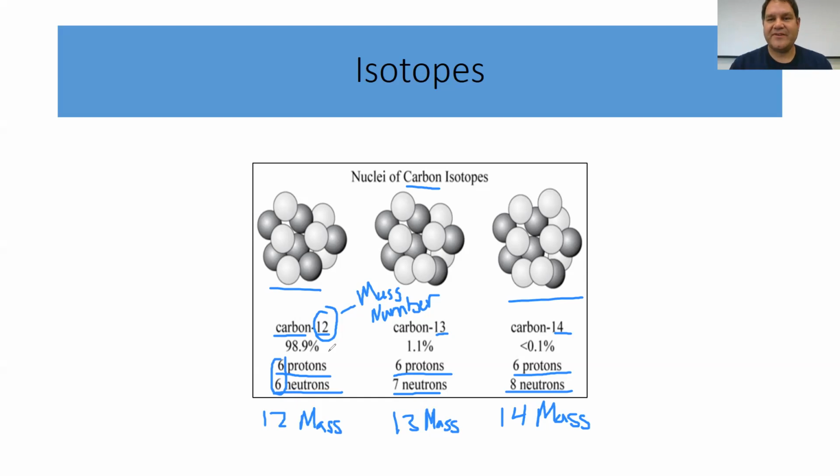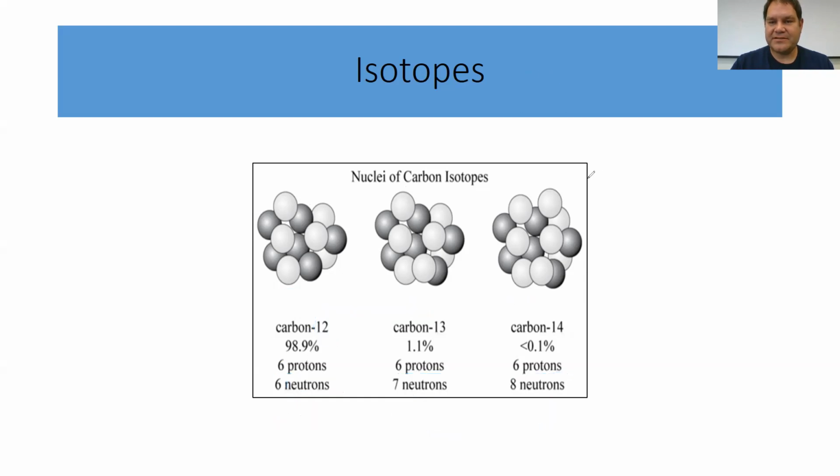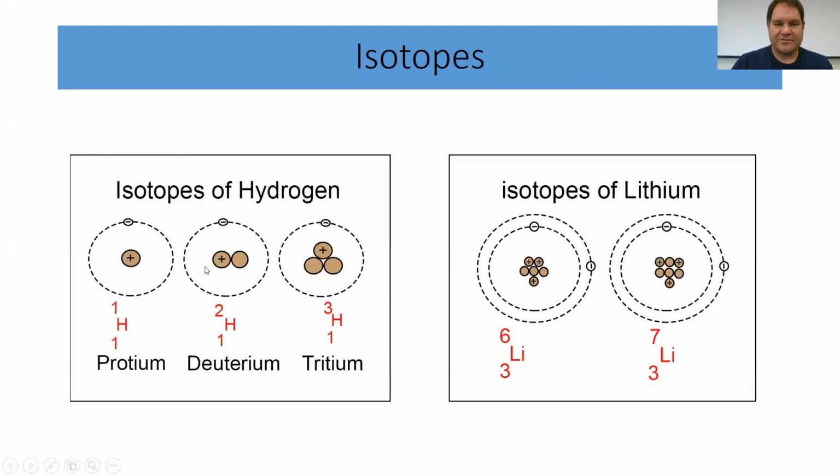These isotopes vary in their abundance, okay? So let's go back to the previous slide here, where we had our 2 atoms or elements of hydrogen and beryllium. Okay? And let's identify these by its mass number.